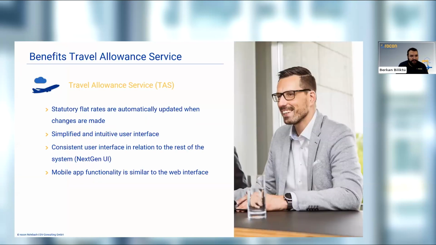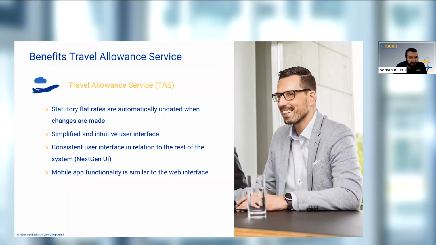Firstly, of course, what are the benefits of the travel allowance service? When you are using Concur and have the legacy travel allowance implemented currently, you know that it is a task for year end to keep in mind when statutory rates change, that you have to be aware of that, and create a ticket with SAP Concur to get the travel allowance rates updated.